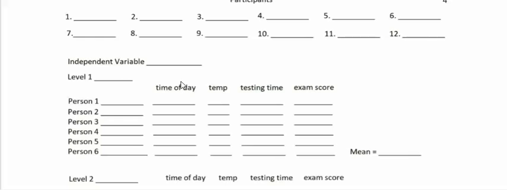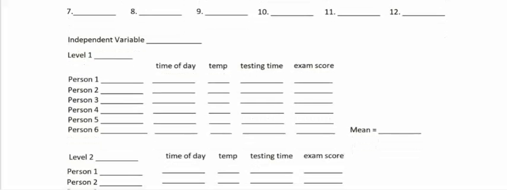So if I say to control time of day, that means every person is going to be at the same time of day. For example, 9 a.m. all the way down, or 10 a.m. all the way down would be control. So when you control an extraneous variable, you make it equal for everyone.